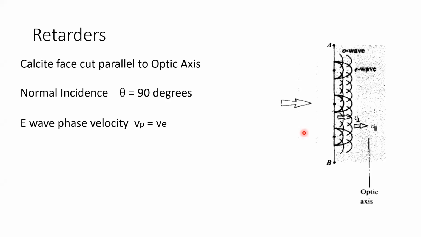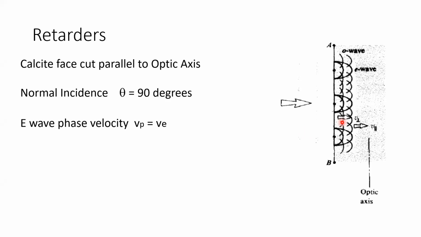NE is less than NO for calcite crystal, so VE would be more than VO. But they're traveling together, and both have orthogonal polarization.